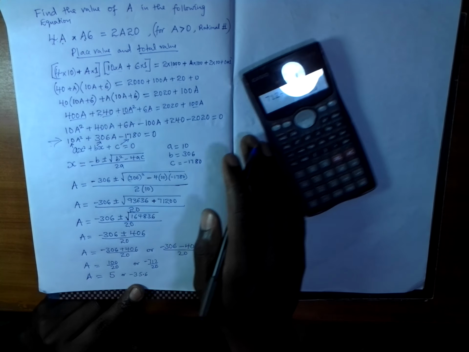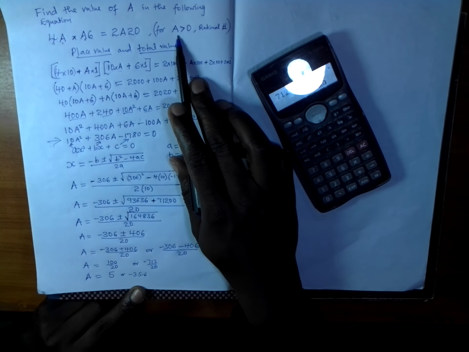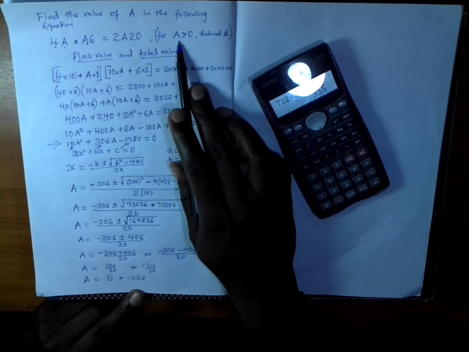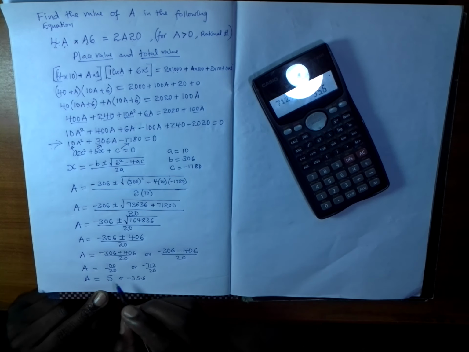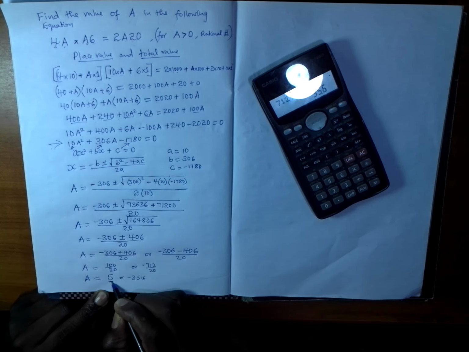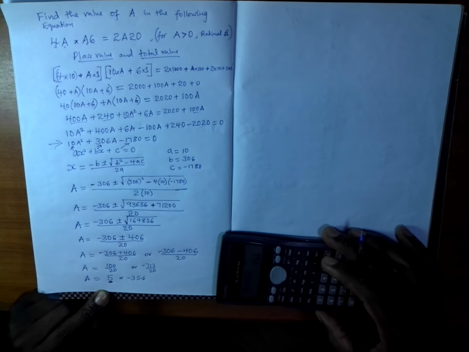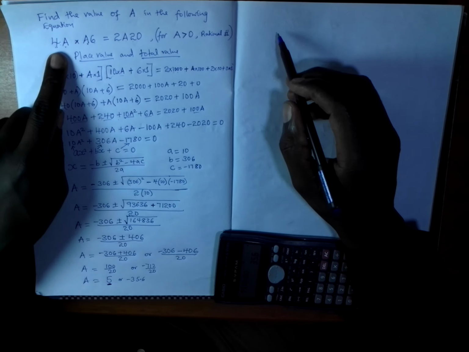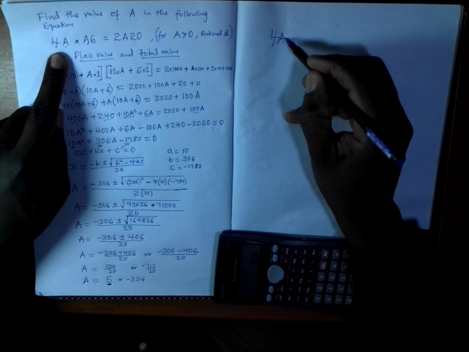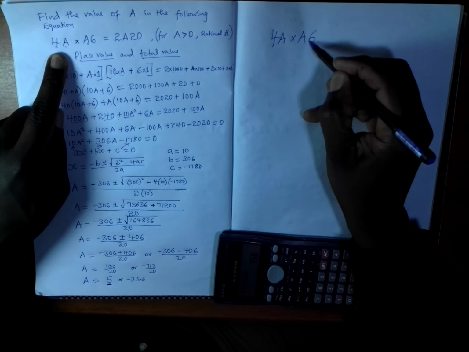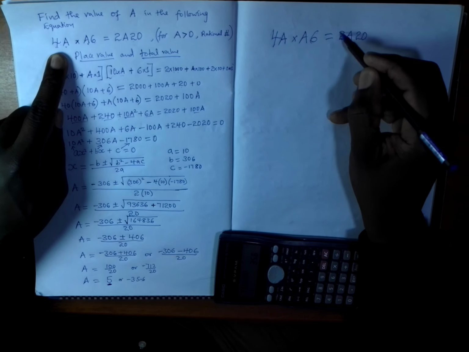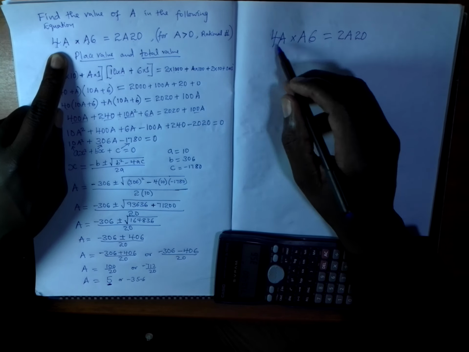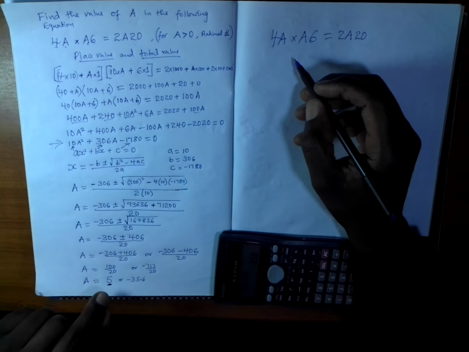And therefore the condition is that a is greater than 0 and it should be a rational number. So in our case 5 is the rational number, and we can prove it. We replace in 4a times a6 equal to 2a20, a with 5, which we have got.